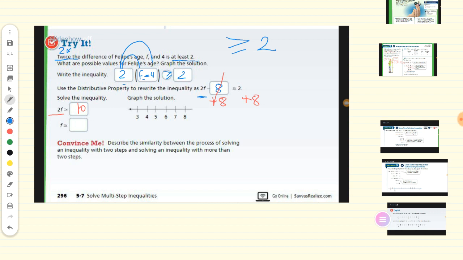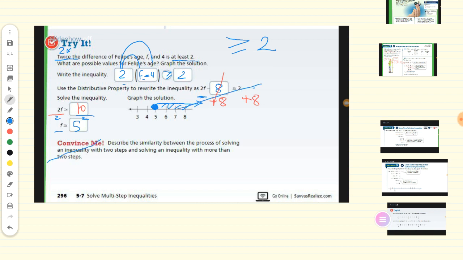Divide both sides by 2. So the left will be f, right will be 5. Draw it over the graph, we'll start from 5. Open or closed? Closed, because it's greater than or equal. And f is greater, so we'll go to the right hand side. Easy, easy. After you write the inequality, it will be easy for you to solve it.